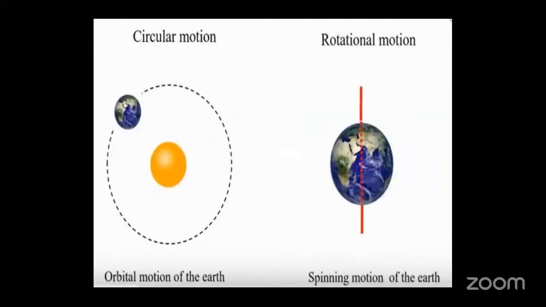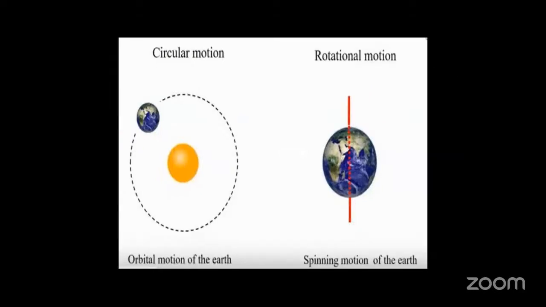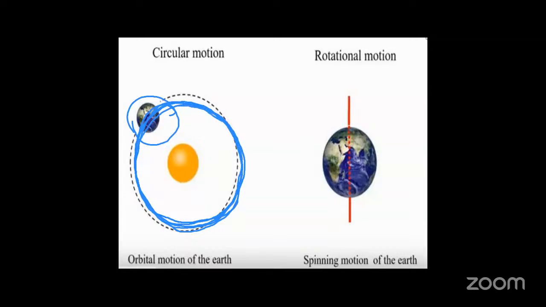So an example is this. Look at the Earth here. This is the Earth. It is moving around the sun. This is a circular motion. By the time it moves around, that is a day. Now, while the Earth is moving around the sun, it is also rotating about its axis.